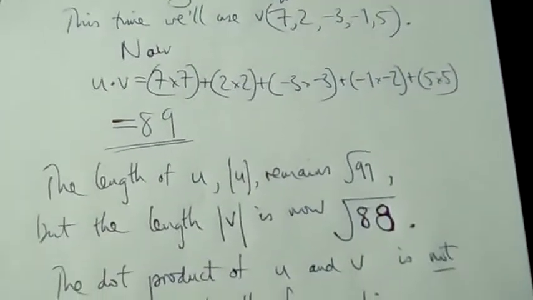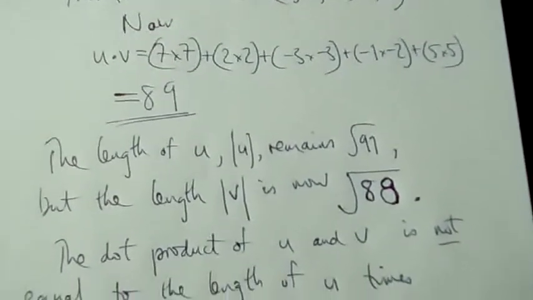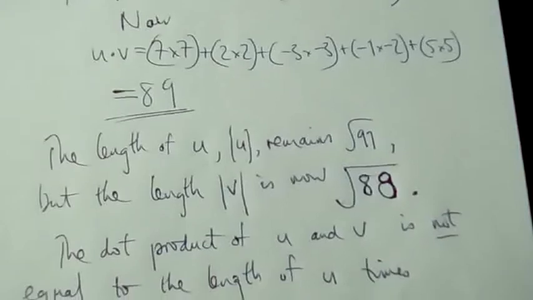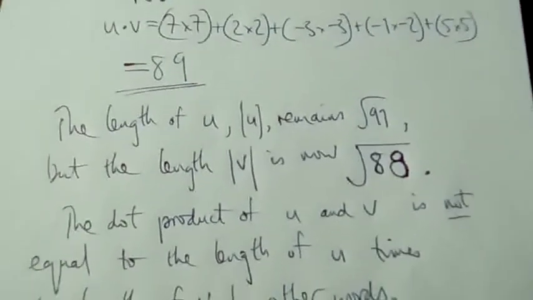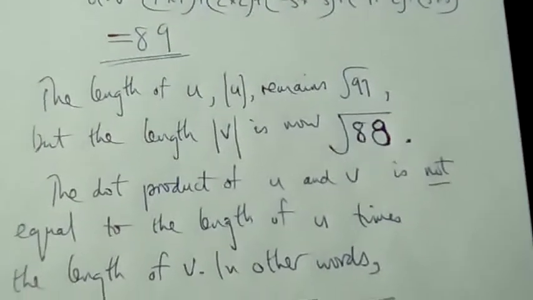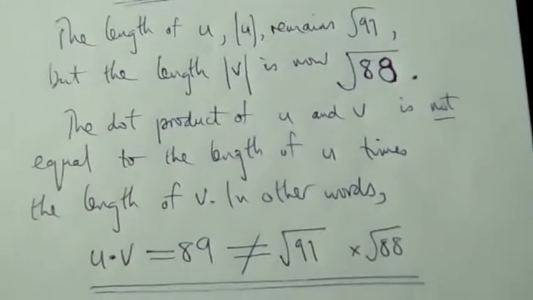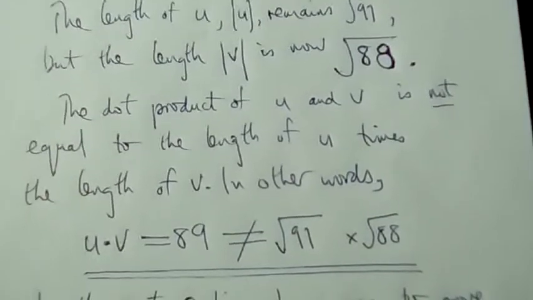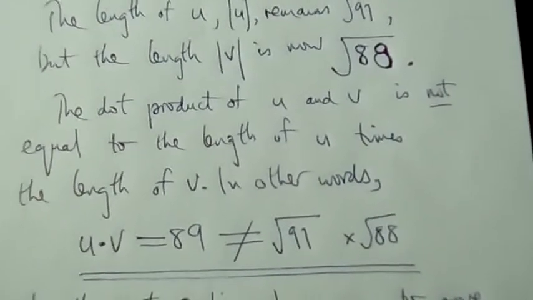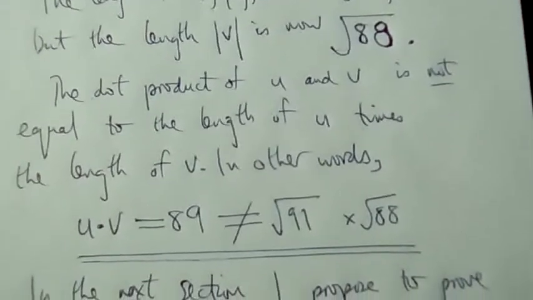The length of u remains the square root of 91, but the length of v is now the square root of 88. The dot product of u and v is not equal to the length of u times the length of v. In other words, the dot product is equal to 89, which is not equal to the square root of 91 times the square root of 88.